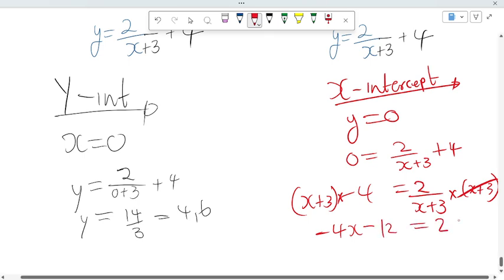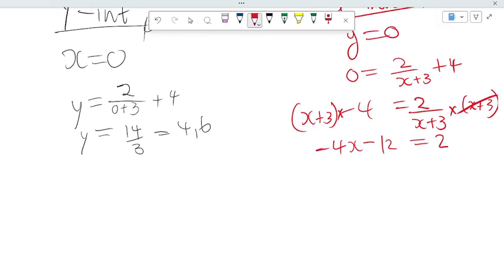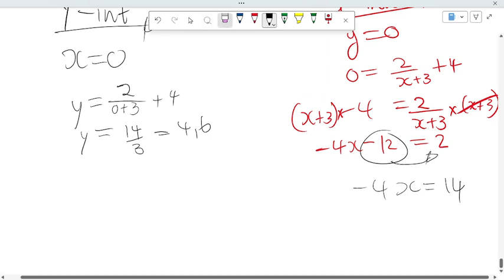Take the numbers to that side, and the 4x should be positive, that's going to be 14.